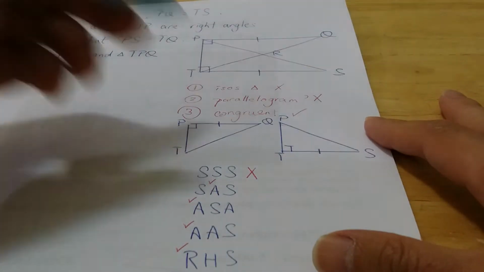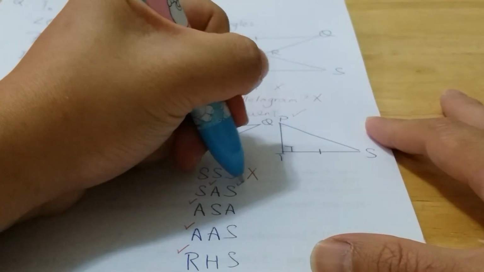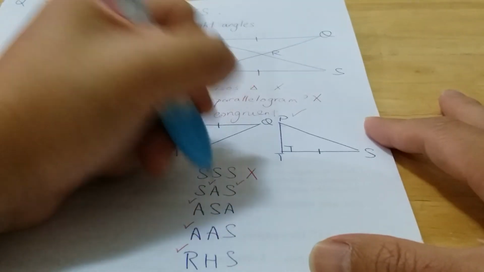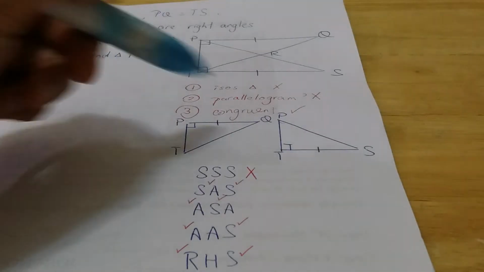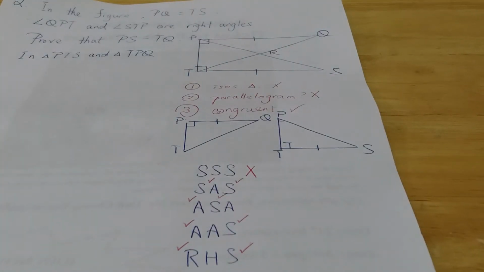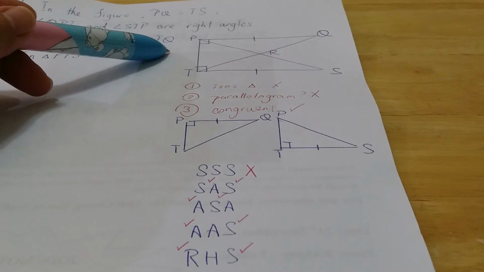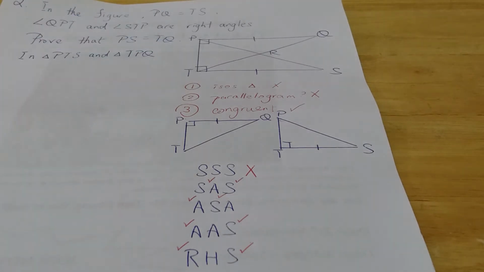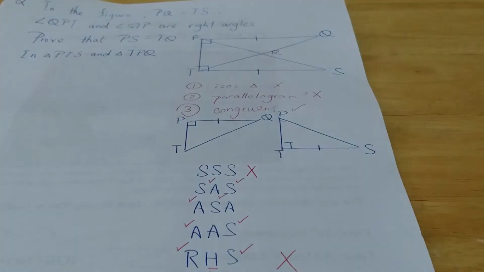The second reason is PQ equals ST, that is S. Now this one is not a hypotenuse, because TQ equals PS, but pay attention, what we are going to find is PS equals TQ, so that would be the hypotenuse, and we do not know it. So RHS is wrong.